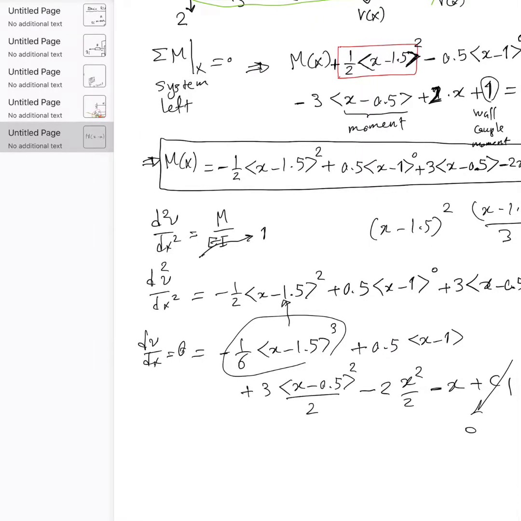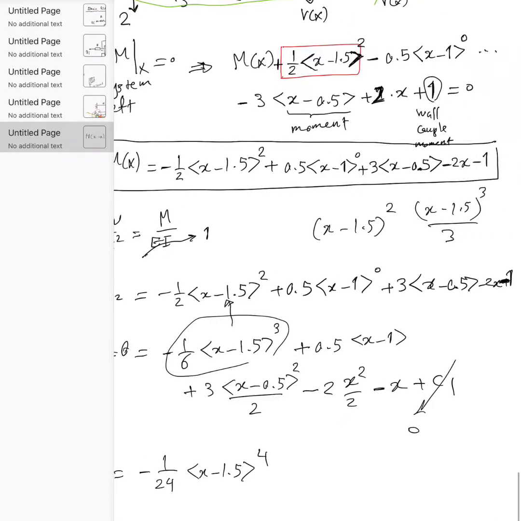Take one more integral, and then you get v of x, which is equal to negative 1/24 (x - 1.5)^4 plus 0.5 (x - 1)^2 over 2 plus 3/2 (x - 0.5)^3, and cancel out with this 3, so you get negative x^3 over 3, negative x^2 over 2, plus c2.